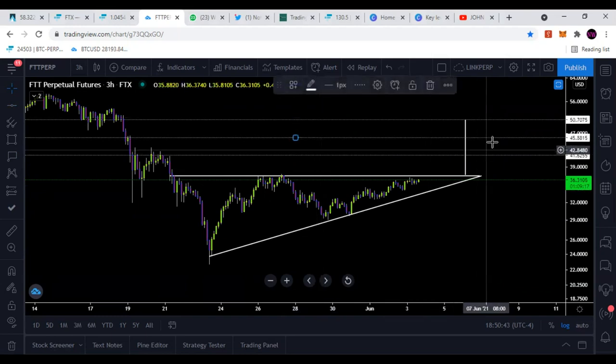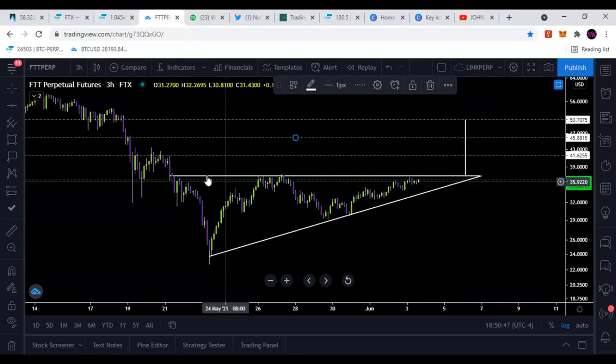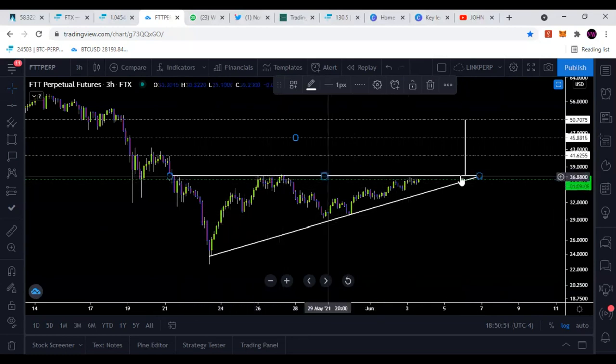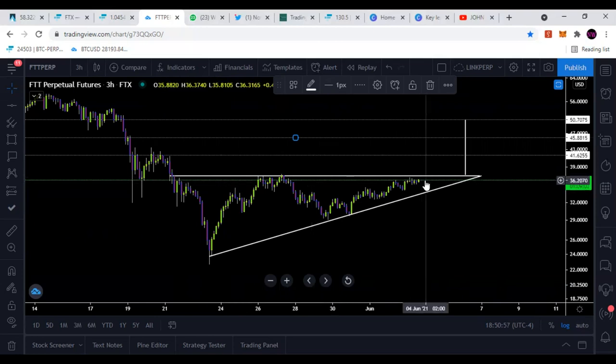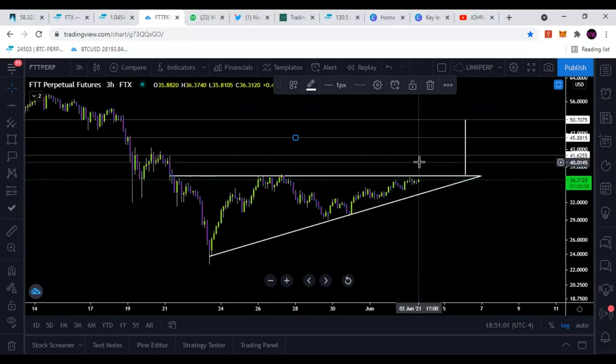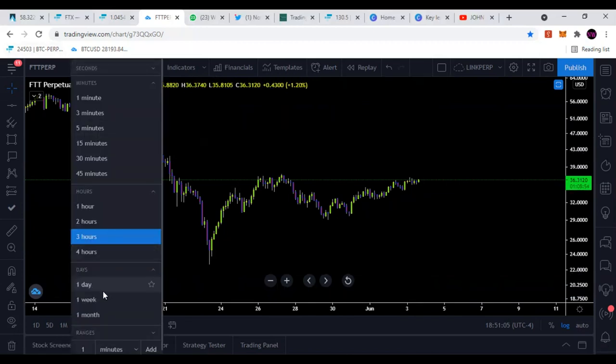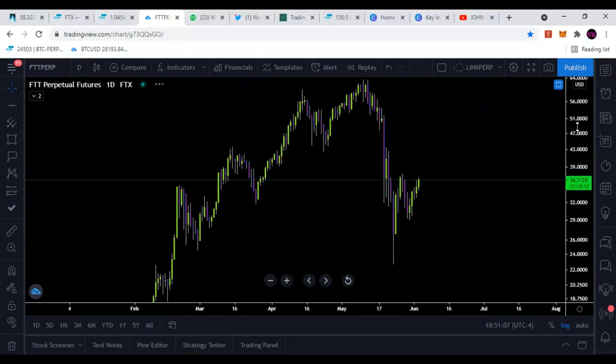So 3 different targets I'm looking at. So first thing first, we need to pay attention to this, the resistance here. So price has to move above this to break these 2 different resistance so that we can get new prices coming in. So let me see if I can see anything happening on the daily time frame.